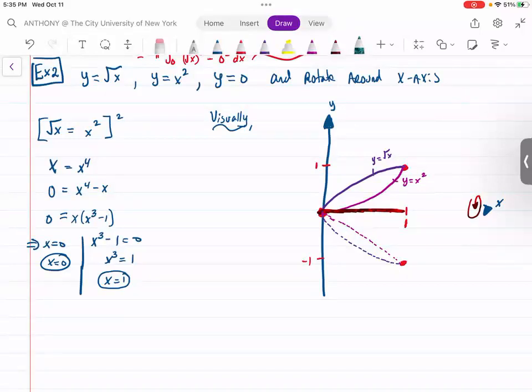You should have a disc that basically touches the purple regions, no? The y equals the square root of x and the dotted lines. Now, you should have another disc that's formed by y equals x squared and its reflection, which would be this piece.